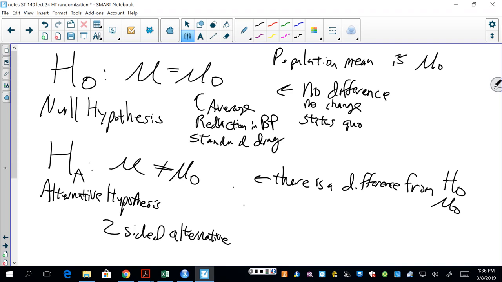And now a manufacturer has come up with a generic version of it, trying to sell it at a cheaper price. You might want to see, is the average reduction in blood pressure for the generic version equal to the same thing as the standard drug, or is it actually different? So this can say the average reduction is not the same.